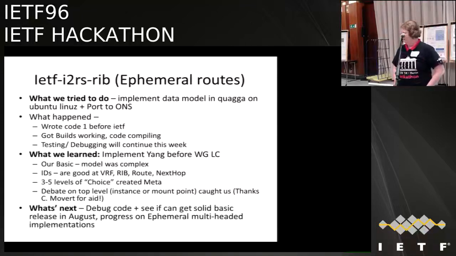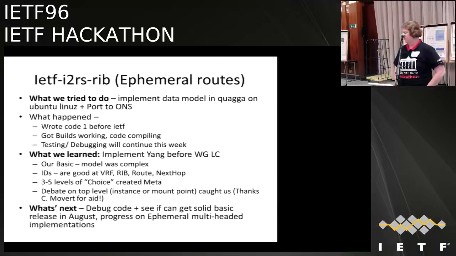So what did we learn about the IETF RIB model? Well, we said we had a very basic next-hop model, and my answer after coding it is maybe we better think about basic and basic extended. It was quite a lot for the very basic model. IDs are good.